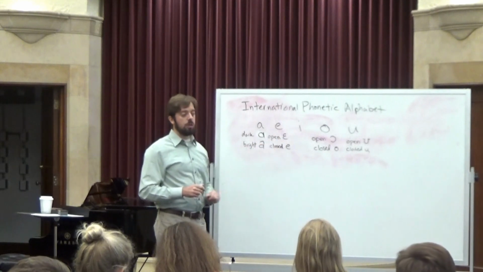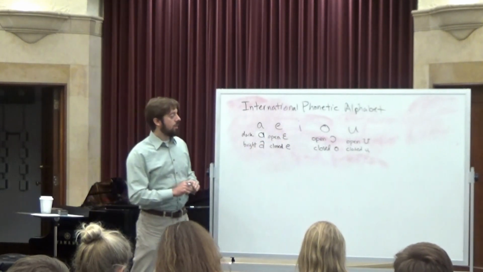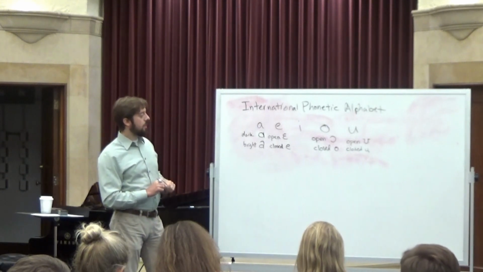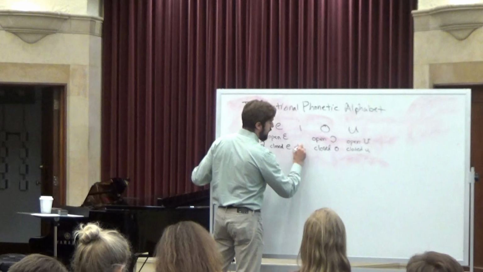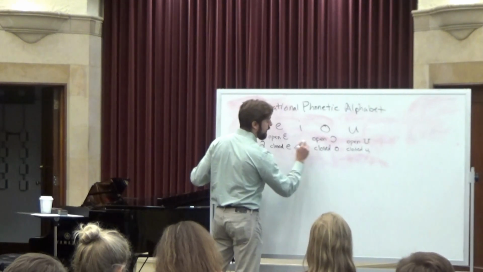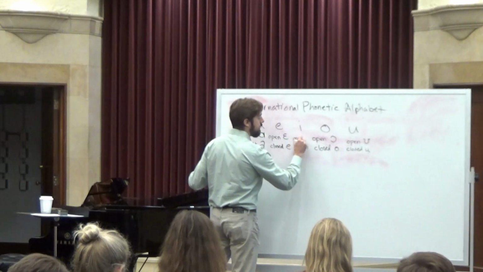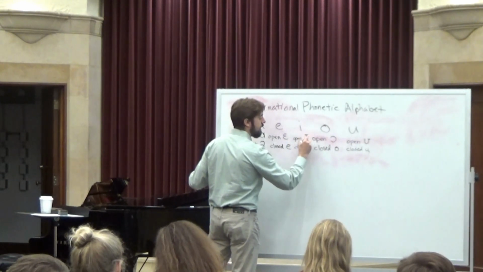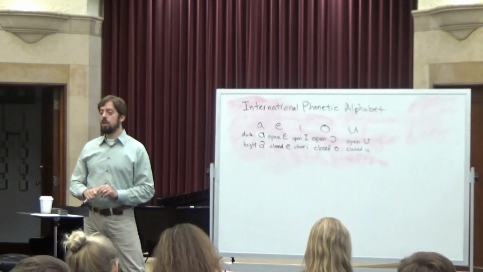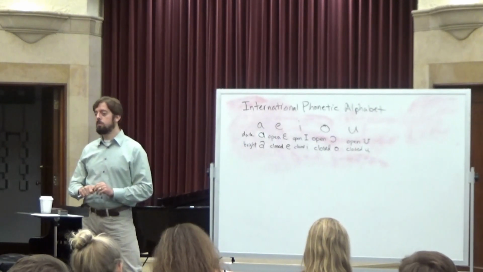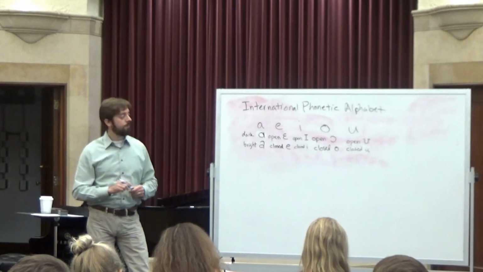But then again, so is the closed U in words like food. So let's try making all these. Oh, and sorry, and then the E. So the pure E that every language has is the lowercase e. But the open version of that, again, very common in English, is like hit or bit, or in.